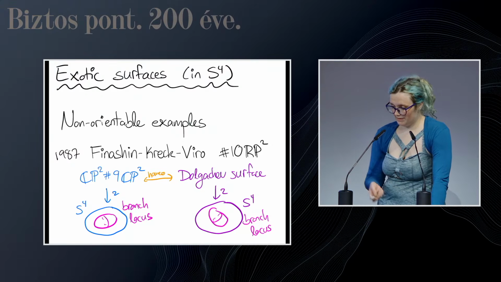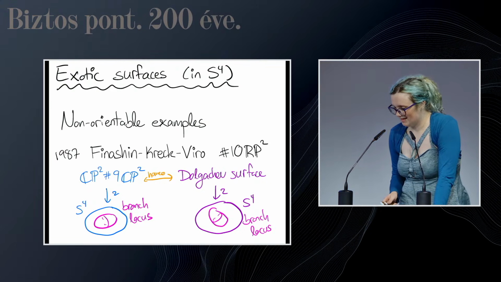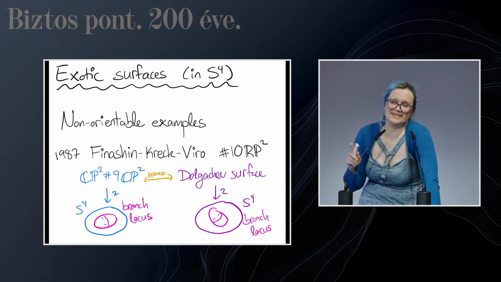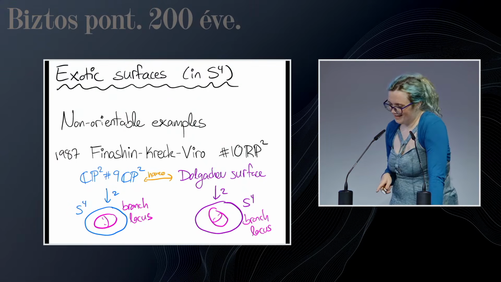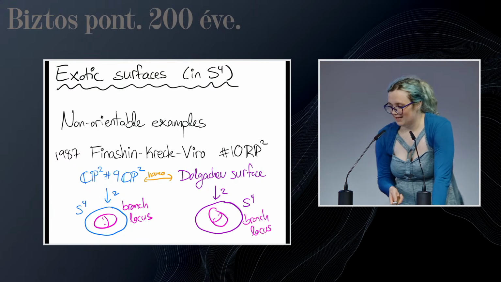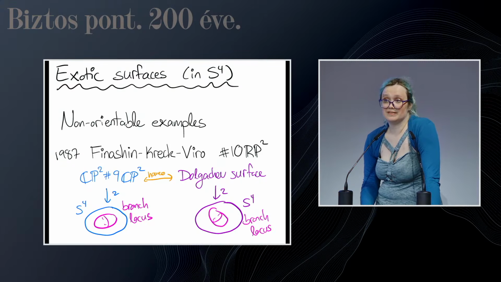So one of them, the double branched cover is like CP2 connected sum 9 CP2 bar. That's homeomorphic to a Dolgachev surface, like all of the Dolgachev surfaces. And so they realized some family of Dolgachev surfaces as double-branched covers of S4, and also the standard one is a double-branched cover of S4.